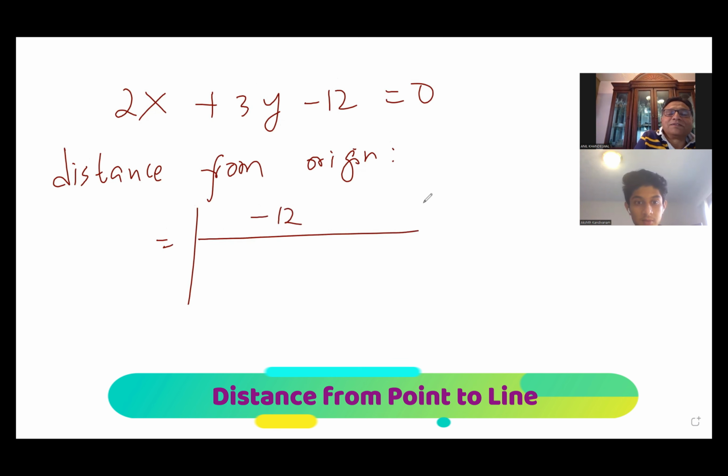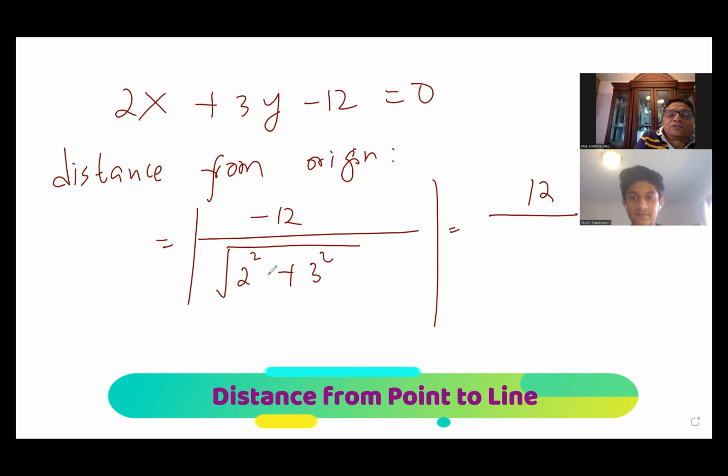So then we can do 2 times 0, and it'll just be minus 12, just a constant, and then square root of 4 plus 9. So 4 plus 9 is 13, right? So that's your answer. You see how easily we can actually find the distance of the line from the origin?